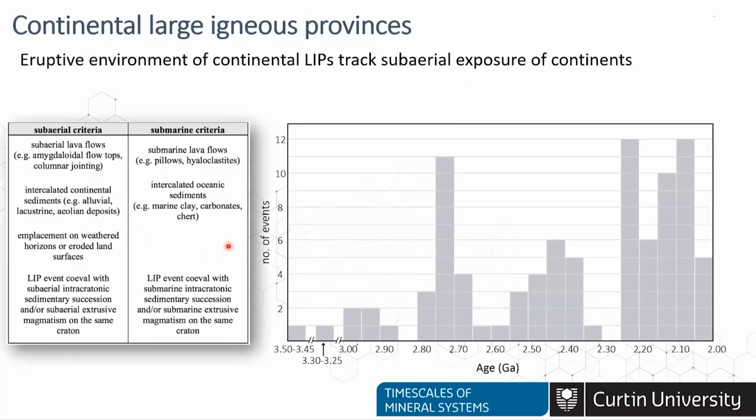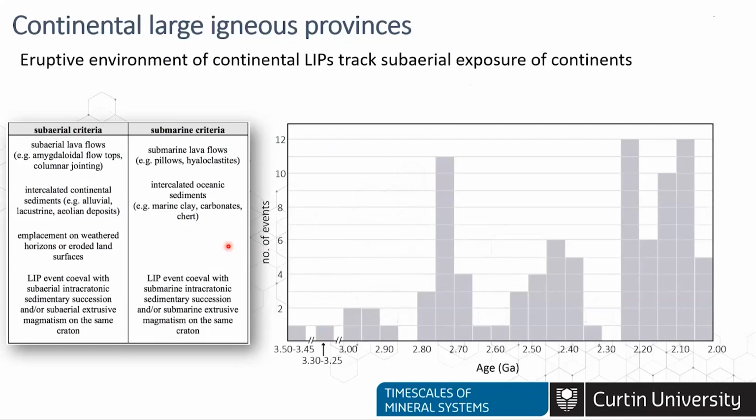So these are the criteria that we used to classify the eruptive environment, that is subaerial versus submarine. And this is predominantly focused on the extrusive parts of the large igneous province. If present, we can also use intercalated sediments to determine the eruptive environment. The only problem is that for a lot of Precambrian large igneous provinces, the only preserved remnants are actually intrusive rocks, like sills or dike swarms.